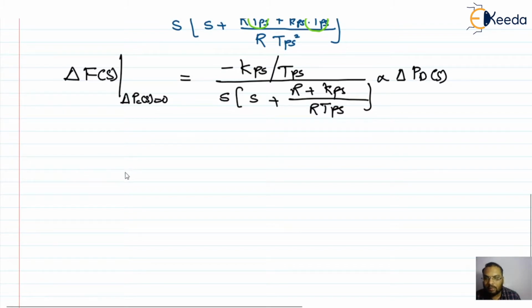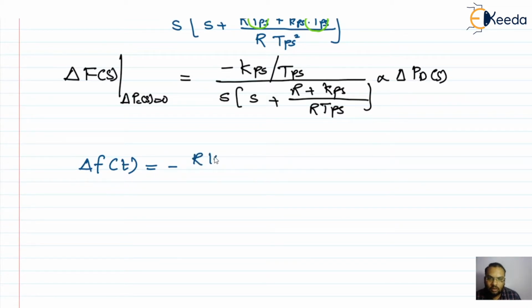So if I take the Laplace inverse, I'll get here delta f of t now. Okay, this f of t indicates it is in time domain. Just take the Laplace inverse of this, apply your mathematical knowledge.